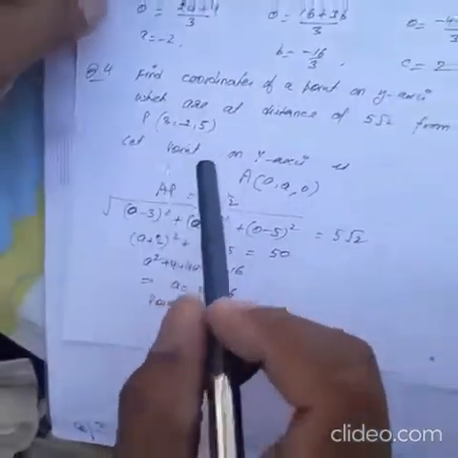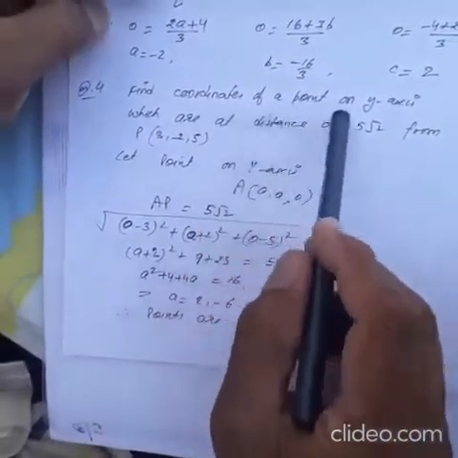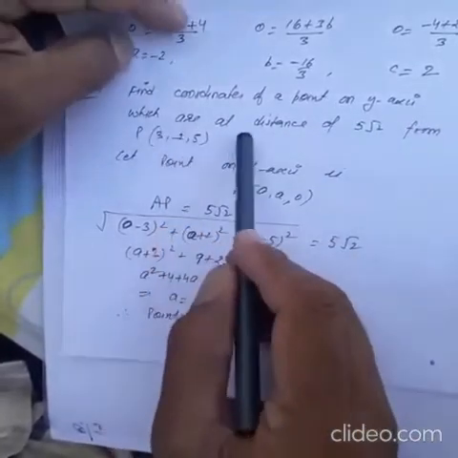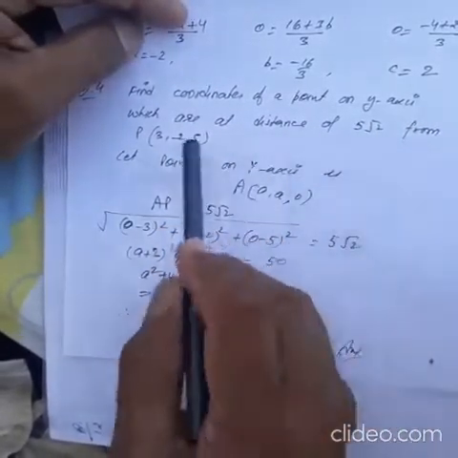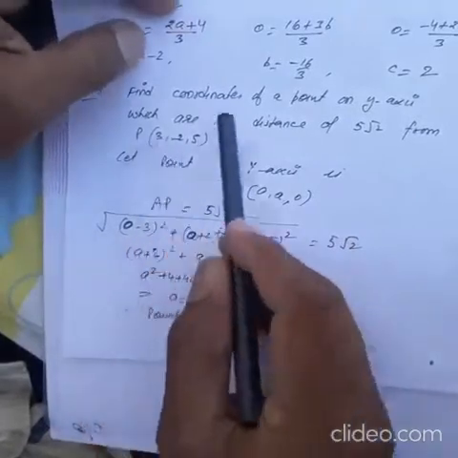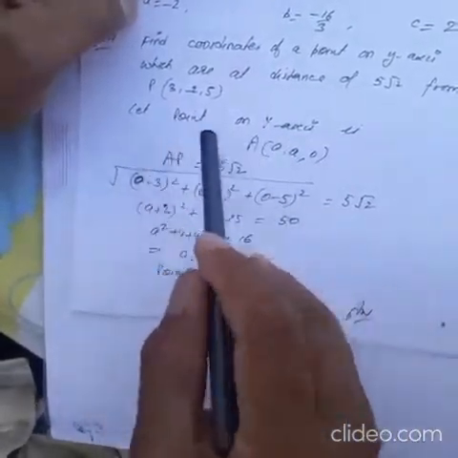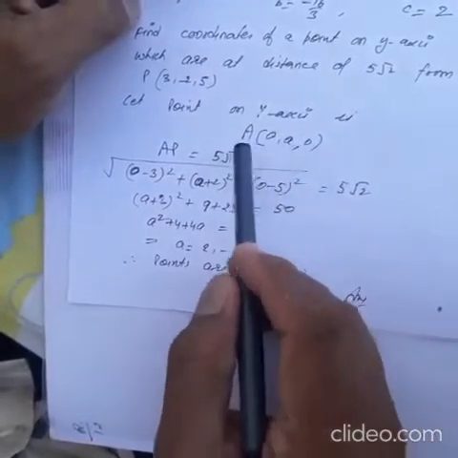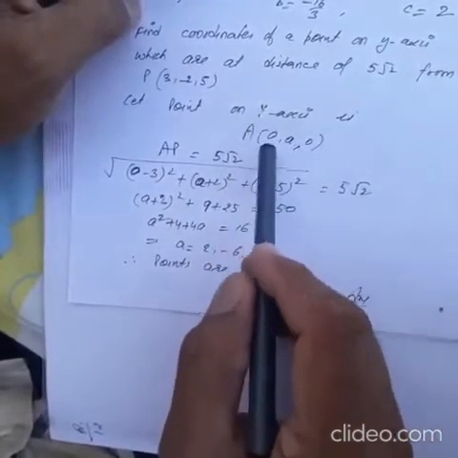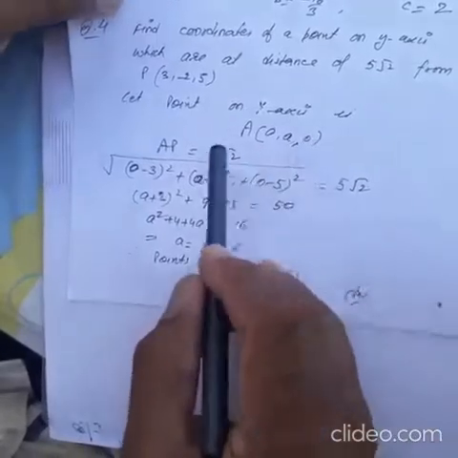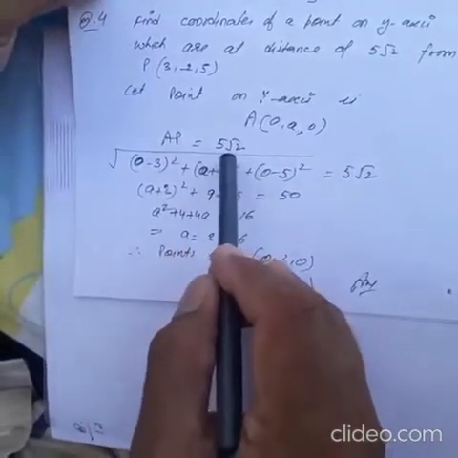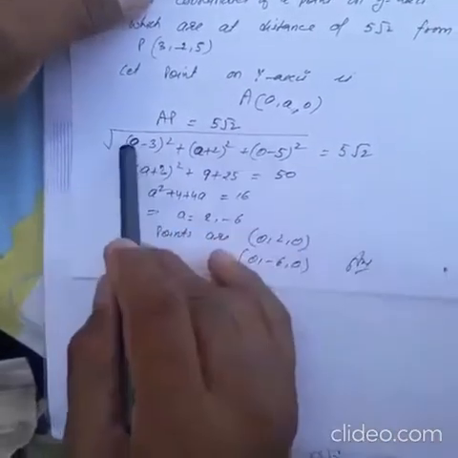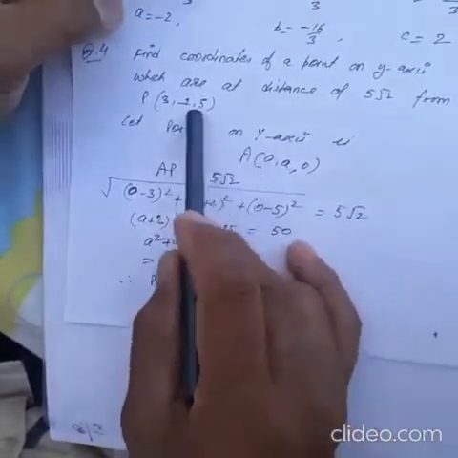On to the next question, 4. Find coordinates of a point on the y-axis which is at a distance of 5√2 from point P. Coordinates on the y-axis will be of type (0, a, 0). So let A point on the y-axis be (0, a, 0). Now distance AP is given as 5√2. Find out distance AP using the formula.